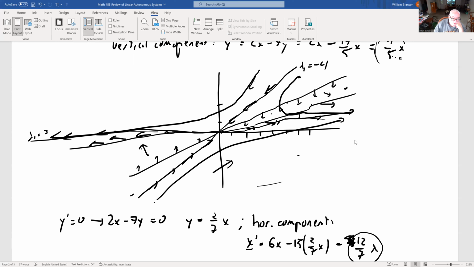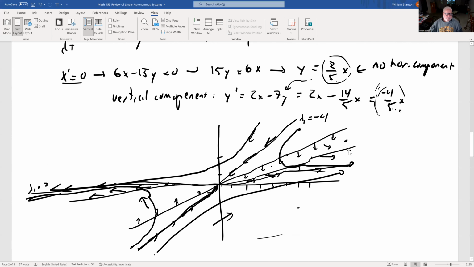And then if I come up this way, this is my eigendirection here, my eigensolution. I can't cross that, so I'm going to come up vertically through there, go up to the left, horizontally through here, and out along that. And so that gives me my picture of my saddle.